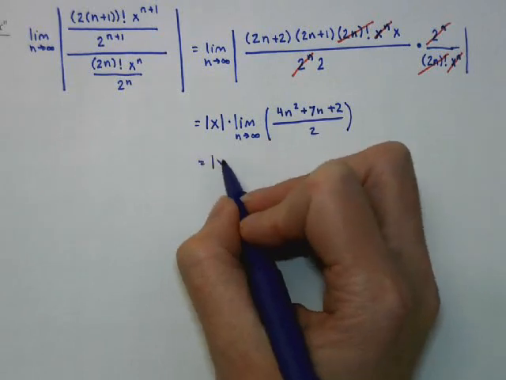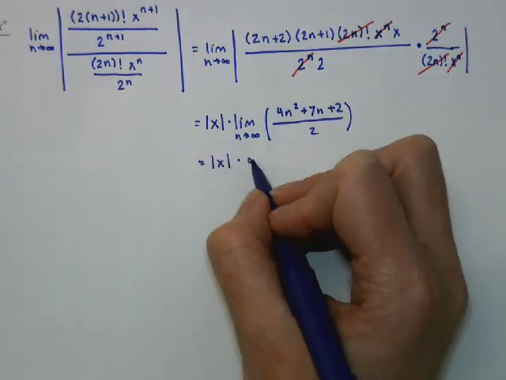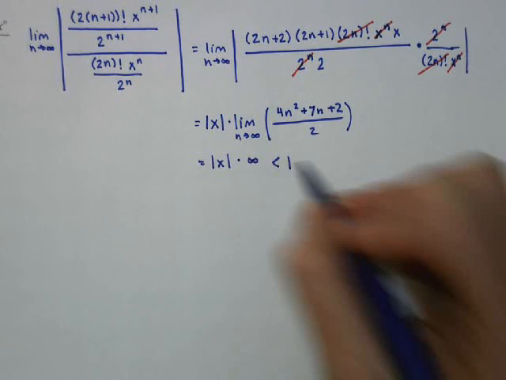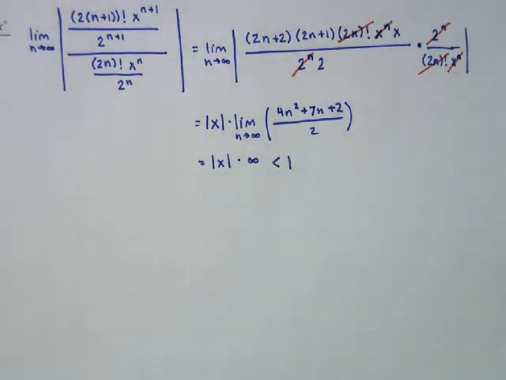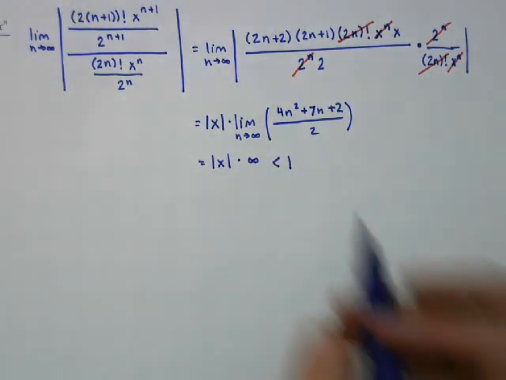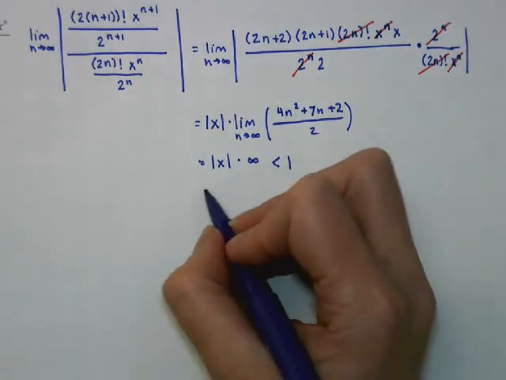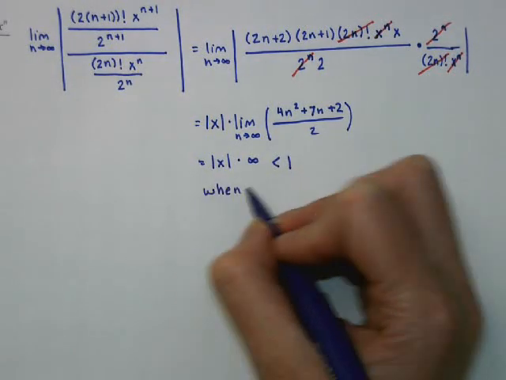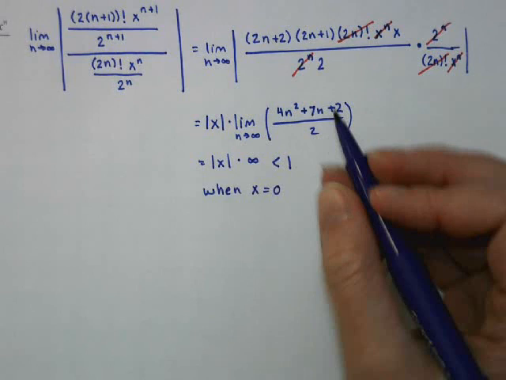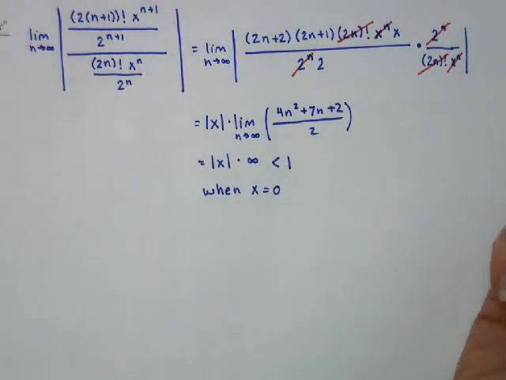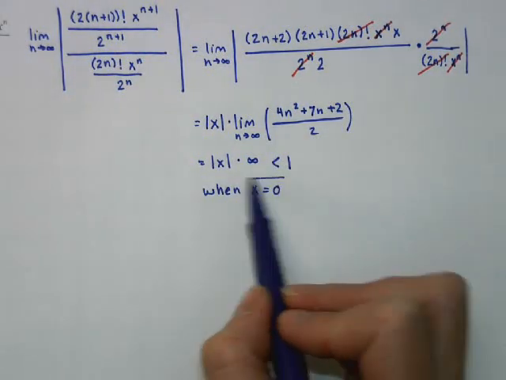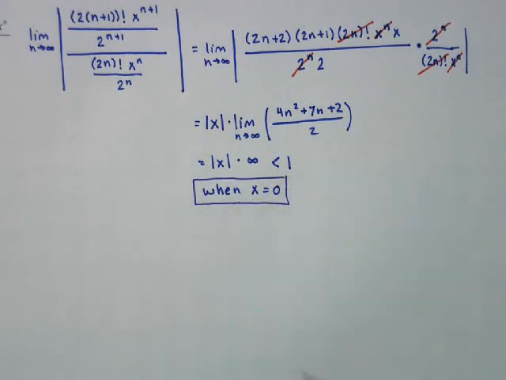Okay, well, absolute value of x times infinity will be less than 1 at one location when x is 0. Okay, so this one is only going to have a single value when x equals 0.